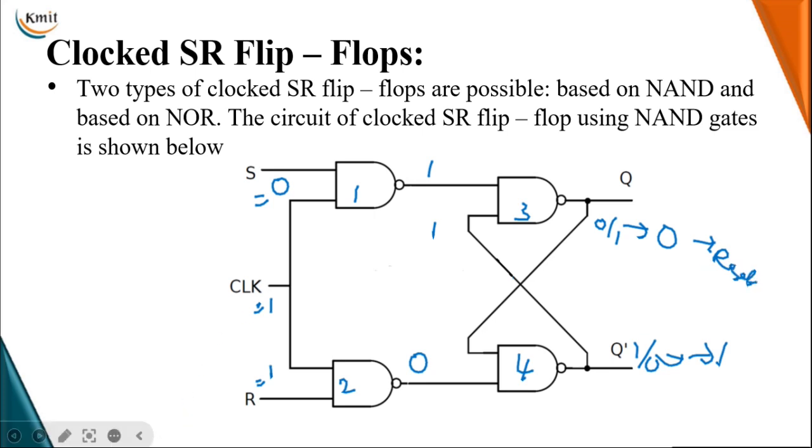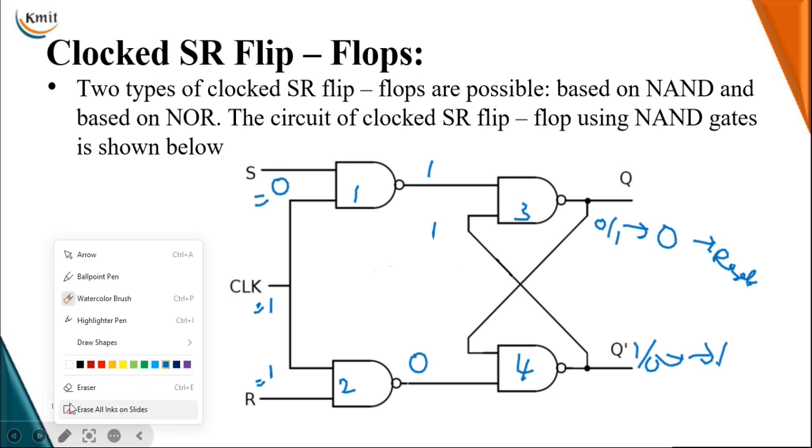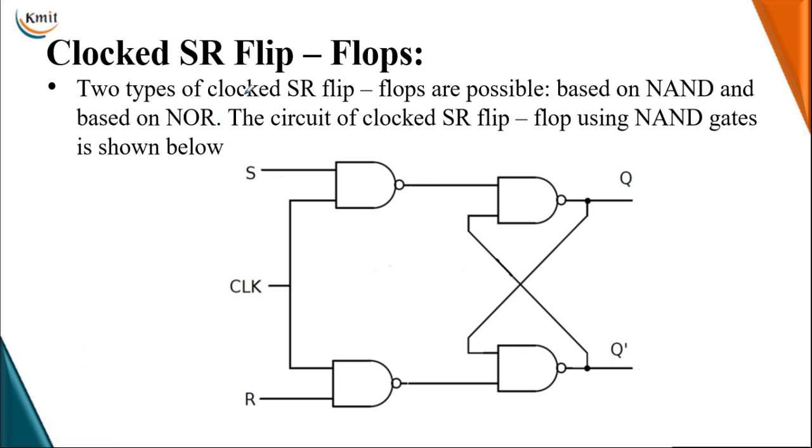Next we'll take the next case, which is S input 1 and reset input 0, along with clock equal to 1. Here when the reset input is 0, the output of that NAND gate is 1, whereas when both inputs S and clock are 1 on the first NAND gate, the first NAND gate output will give you 0.